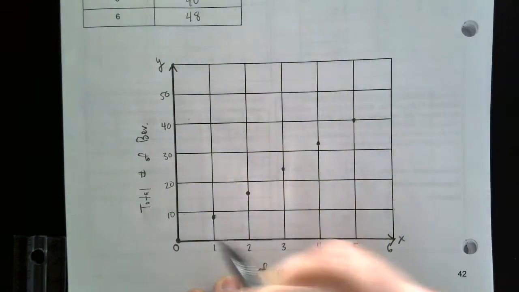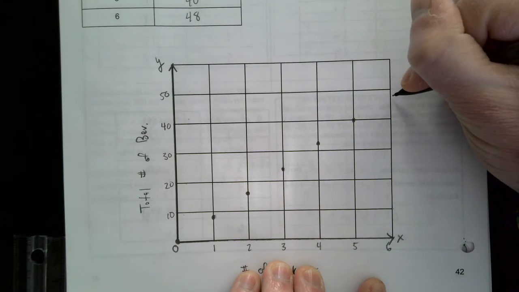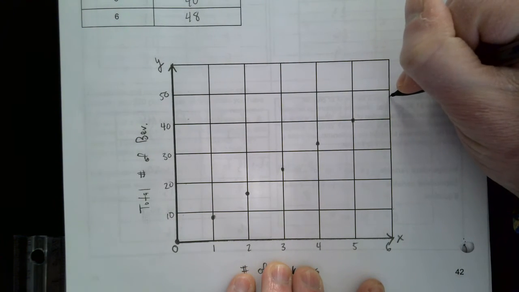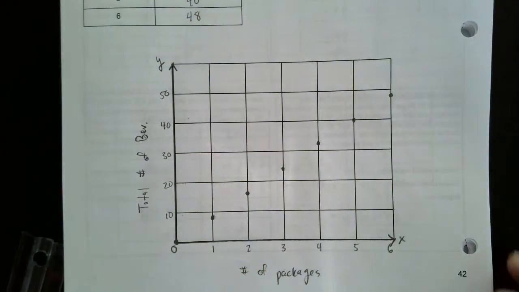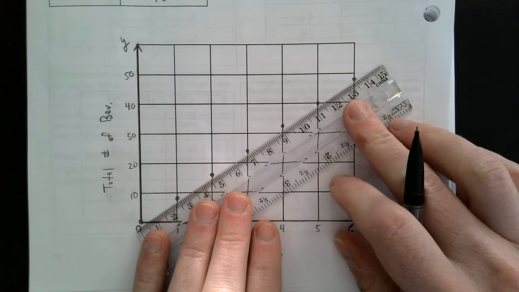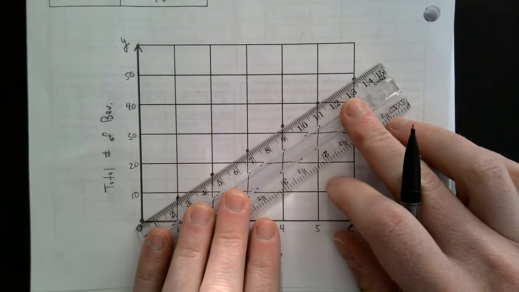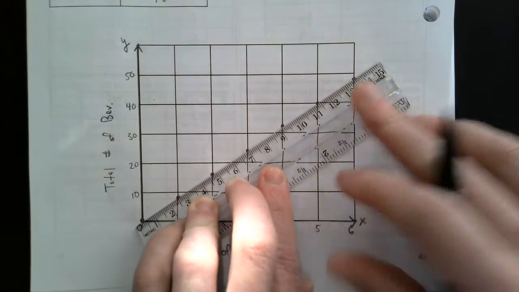This looks pretty straight so far. And then 6 would be 48, which is a little bit below 50. There we go. All right. This should line up. It looks pretty good. Maybe not perfect. Actually, you know what? It's perfect enough.